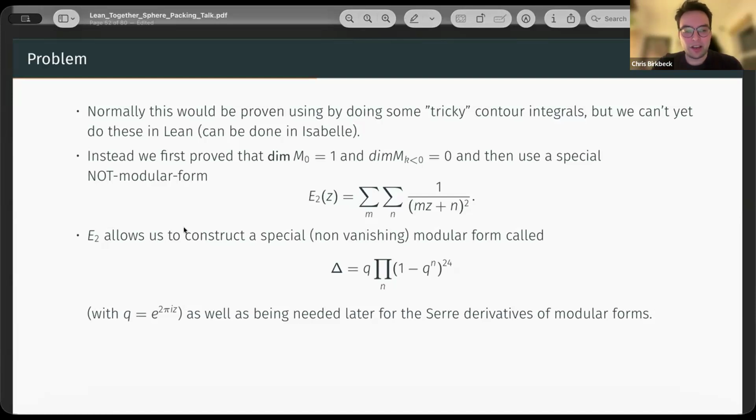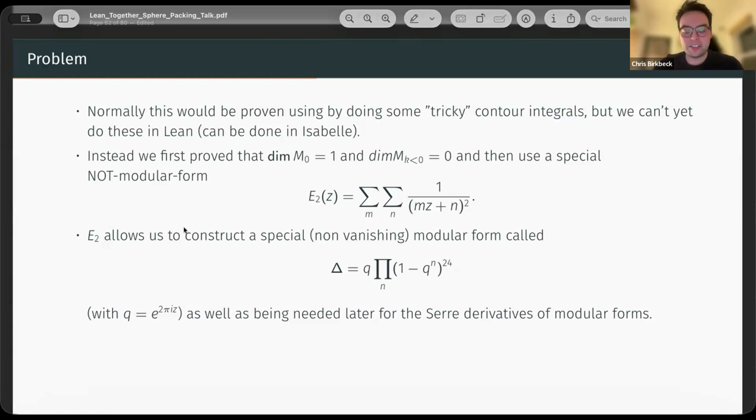This special not modular form allows us to construct an actual modular form called delta, which gives you the Ramanujan tau coefficients and so on. And we also need this for other bits of the project, for defining Serre derivatives and so on.